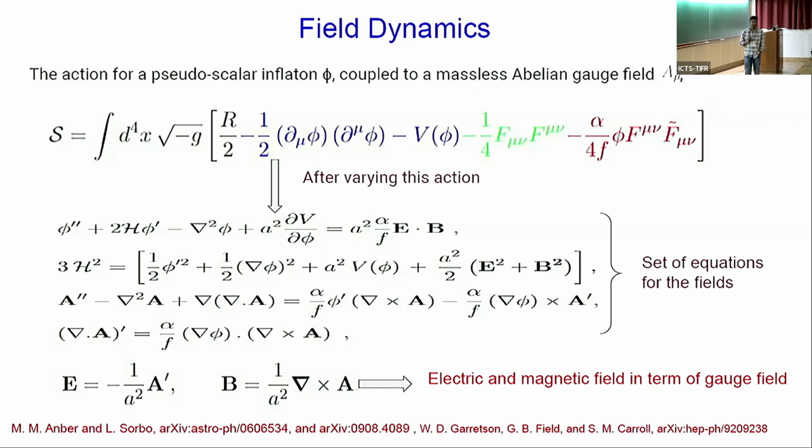Another assumption is that when I solve this gauge field equation, I will drop this term, which means I will neglect the inhomogeneity in the gauge field equation. This assumption is valid because we are trying to probe the CMB scale.